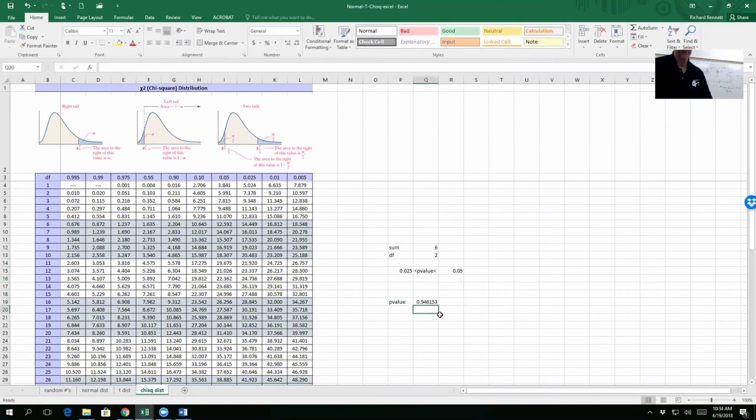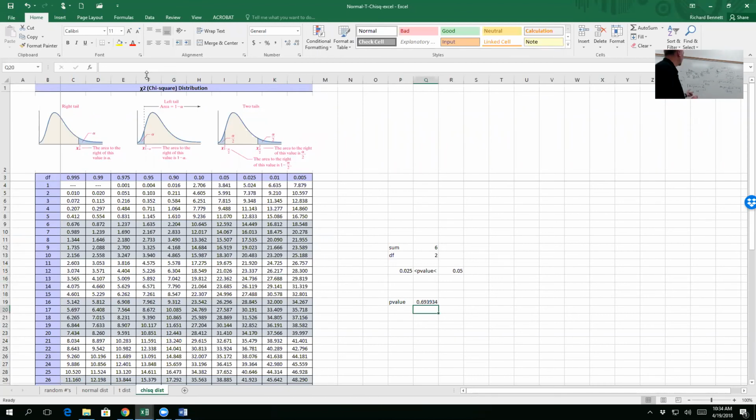That gives me a value of 0.94. Wait a second, that shouldn't be right. Didn't I say 6? Oh, I said 10. Sorry. 10 gives 0.69. So 0.69 is in between 0.10 and 0.90.